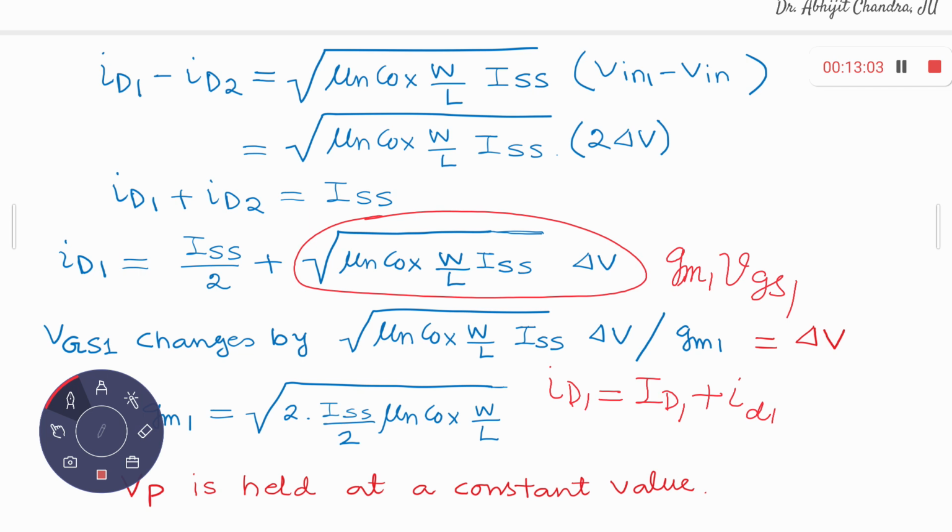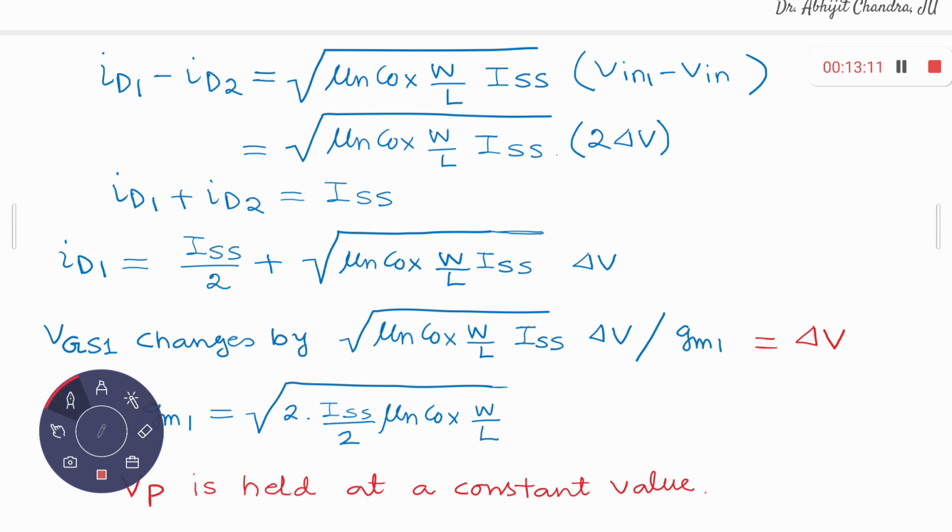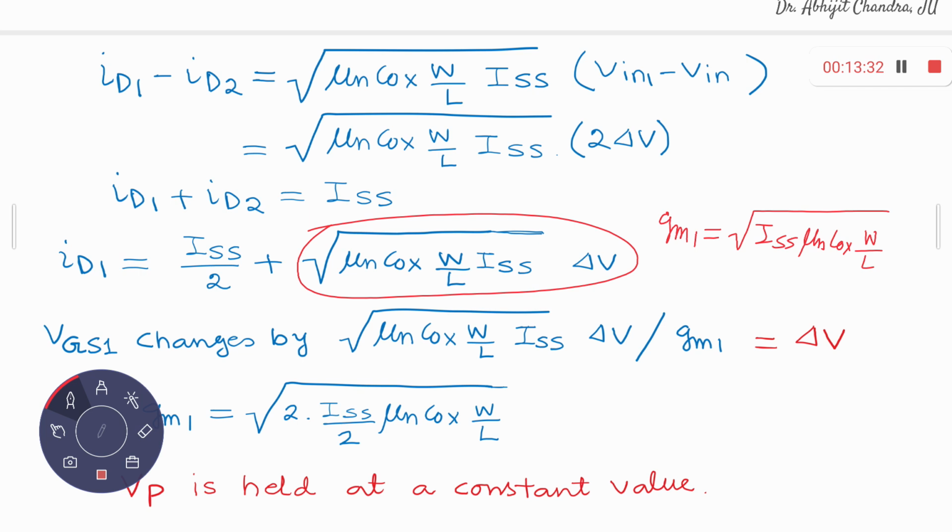You can calculate. gm1 you know. This gm1 is equal to the square root of, as we have already calculated, ISS mu n Cox W over L. That is gm1. And you know that this entire thing is gm1 times vgs1.